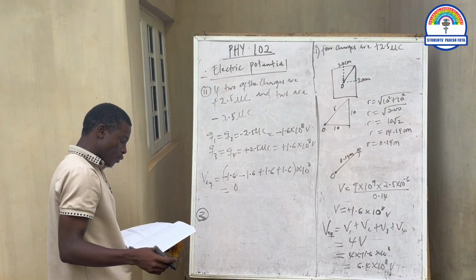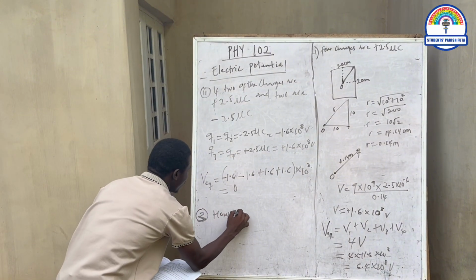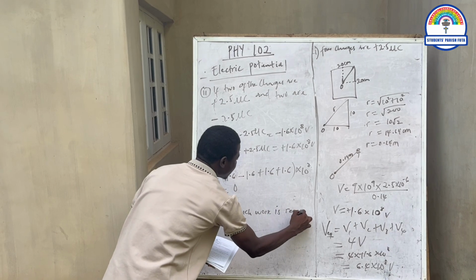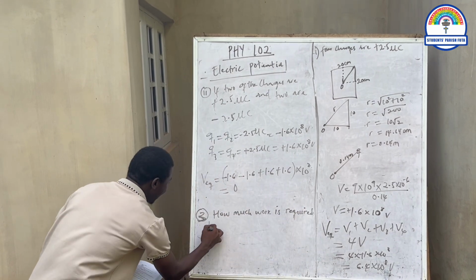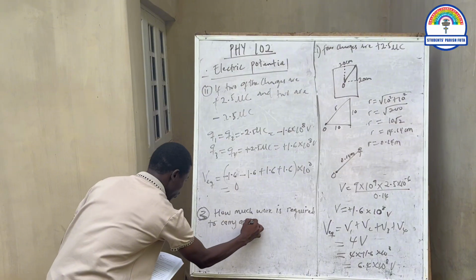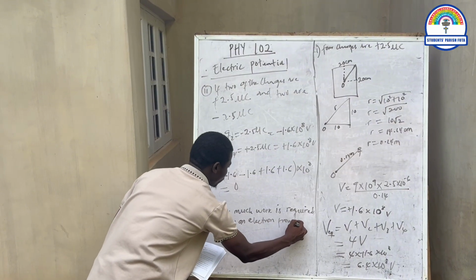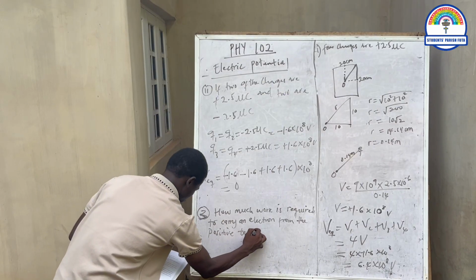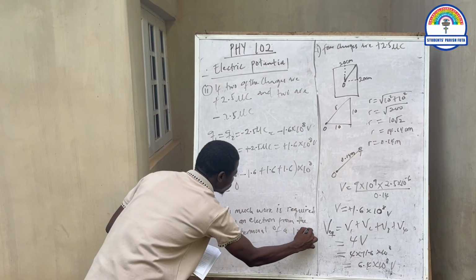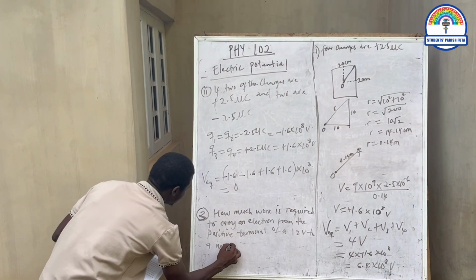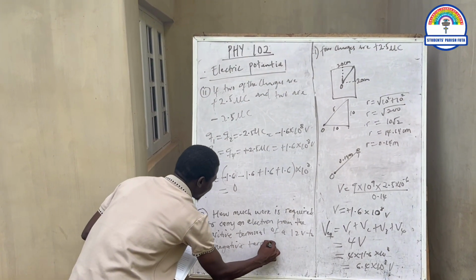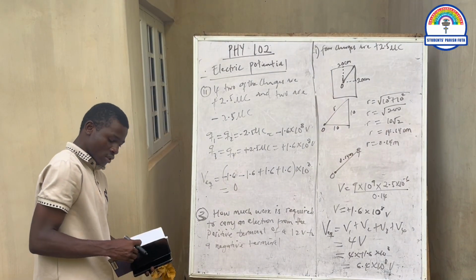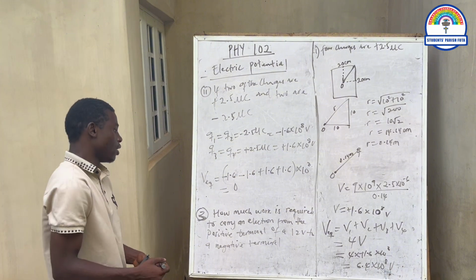The question says, how much work is required to carry an electron from the positive terminal of a 12 volt battery to the negative terminal? So how much work is needed to carry one electron from the positive terminal of a 12 volt to the negative terminal?